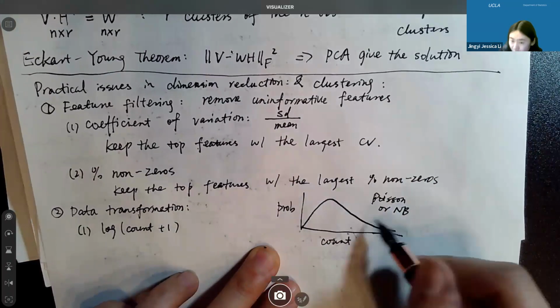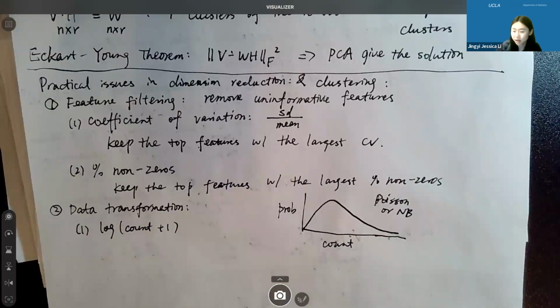So you may have a long right tail, which means that you have some large counts with not too small probabilities. And clearly this distribution looks not normal, right? So you have this long right tail.